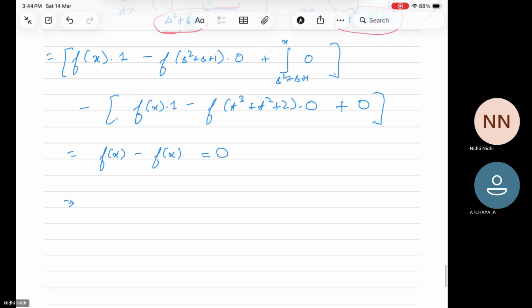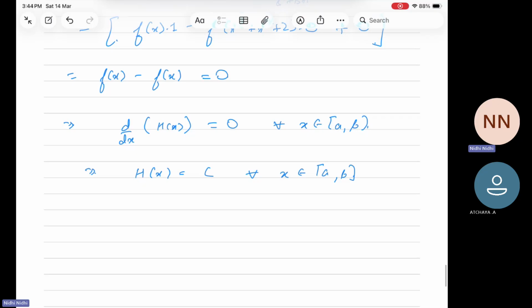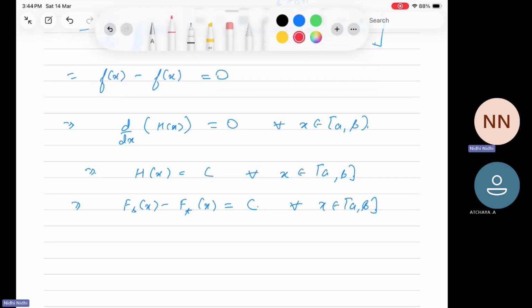That means the derivative of the function h is 0 for every x in the closed interval a to b, which implies that h(x) is equal to some constant for every x in a to b. And what was h(x)? h(x) was f_s(x) minus f_t(x). This is equal to some constant for every x in a to b. Therefore, the given statement was true.